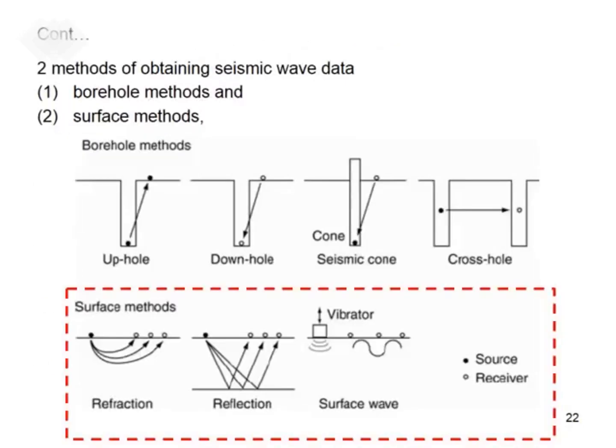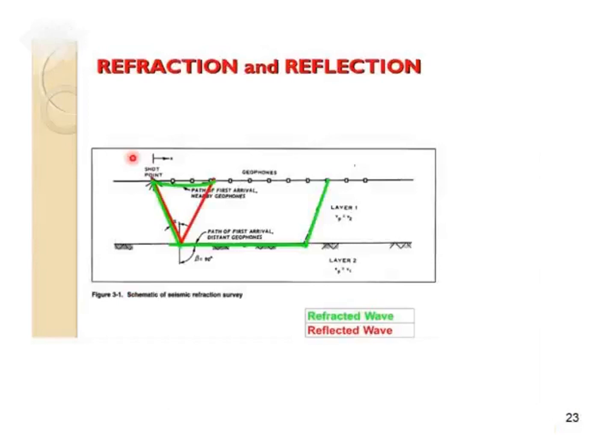For seismic, it can be borehole or based on the surface, meaning that the equipment is put on the surface. The measurement can be either refraction, reflection, or surface wave. Basically, it needs a point source and a receiver. This is the difference between reflected and refracted waves.